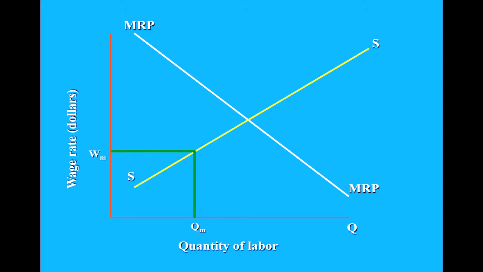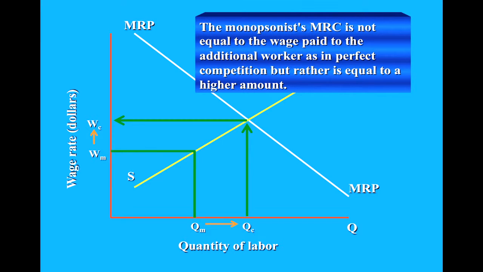In this situation, if the monopsonist wants to increase the number of workers that it hires, it must increase the wage that it pays to all workers, including those currently on its payroll. Thus, and here's the punchline, the monopsonist's MRC is not equal to the wage paid to the additional worker, as in perfect competition, but rather is equal to a higher amount.